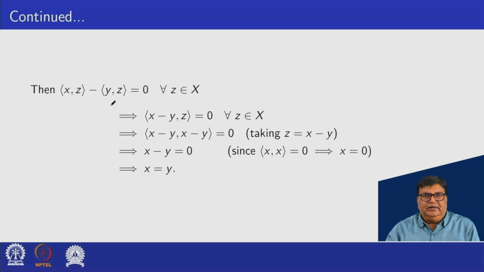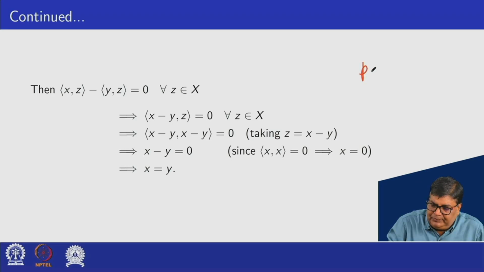This implies that using the first property of inner product, we have inner product of x minus y, z equal to 0.